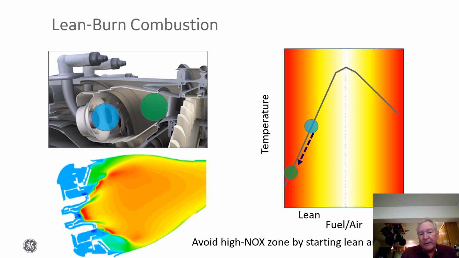Now, of course, there would be some air coming through to cool the liner, which does reduce the overall equivalence ratio, and that on the right-hand plot is depicted as a shift from the upper bubble to the green bubble. So we avoid high NOx production by starting lean and staying lean.